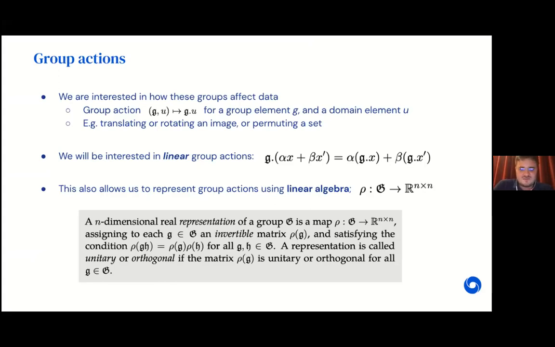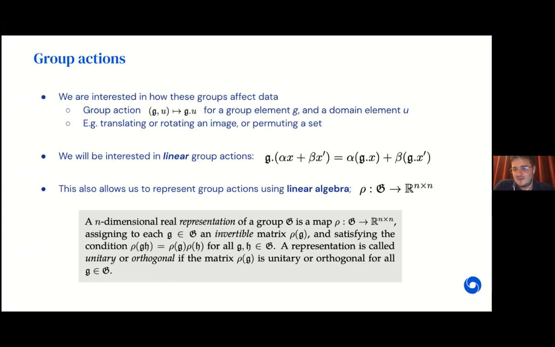It's going to be sufficient for us to look at linear group actions because, first of all, in deep learning, we typically introduce nonlinearities in a slightly different way through activation functions, and I'll get back to that in a bit. But also because it allows us to stay entirely within the realm of linear algebra, and we can represent linear group actions using an appropriately chosen n by n matrix.